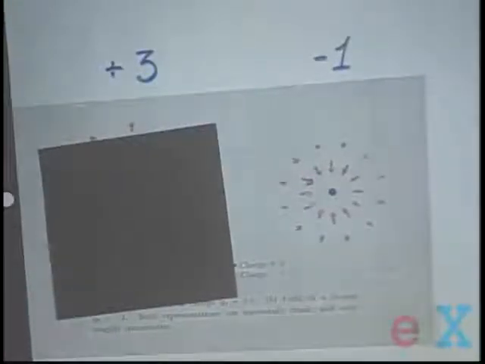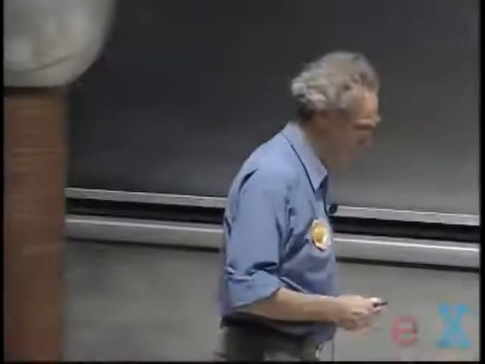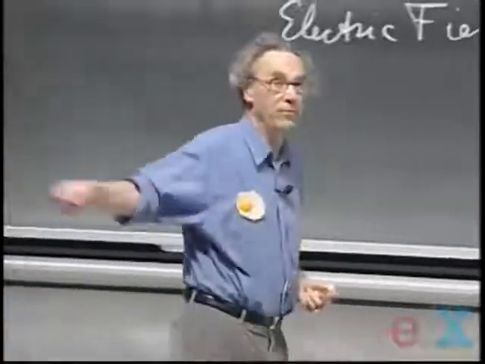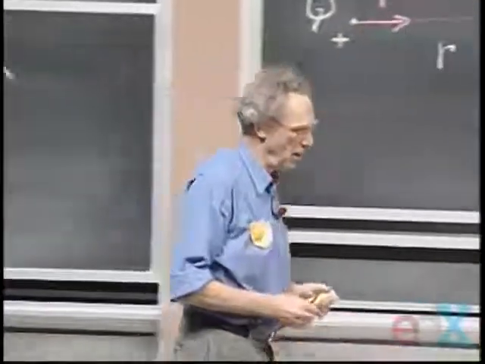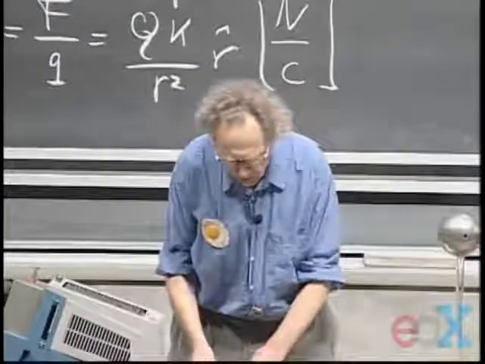And you see now that the E field vectors are reversed in direction. They're pointing towards the minus charge by convention. And when you go further out, they are smaller. And you have to go all the way to infinity, of course, for the field to become 0, because the 1 over r squared field falls off, and you have to be infinitely far away for you to not experience, at least in principle, any effect from the charge.